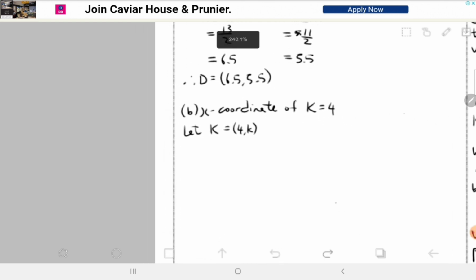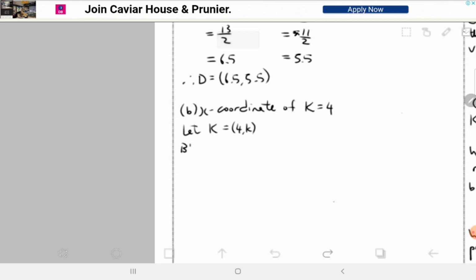Then we first find out triangle ABD's side lengths, okay? We calculate them by using the distance formula.